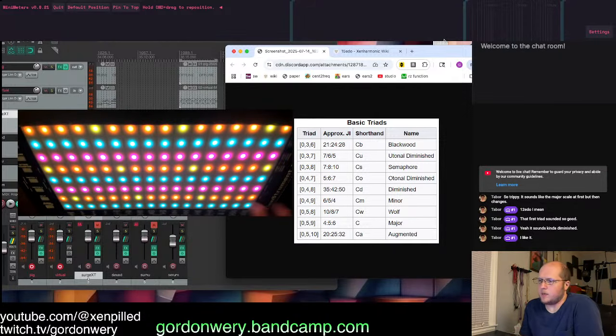Or you can just say a major chord sounds like the major chord from 12, and the other chord is a super major. And that's what I prefer. And so with any given tuning, you would want to determine what thirds sound like what.